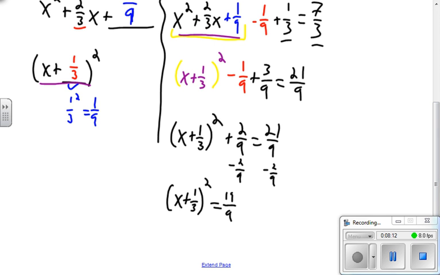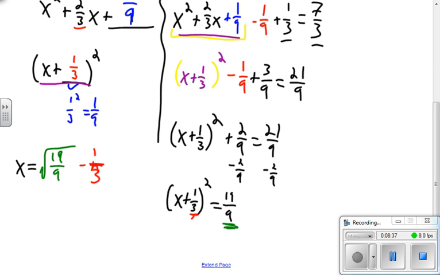Again, from here, we have our big M value and our little n value. So we say that x equals square root of m minus n. Oops, or should I say minus 1/3.